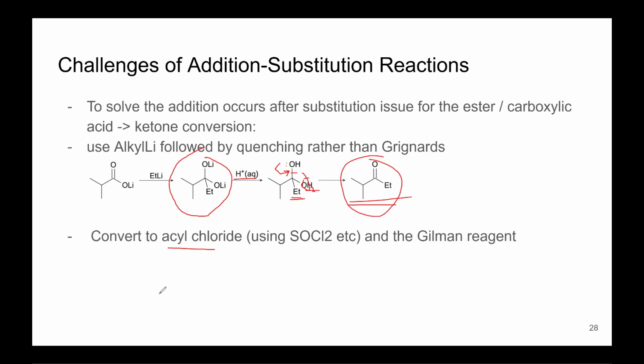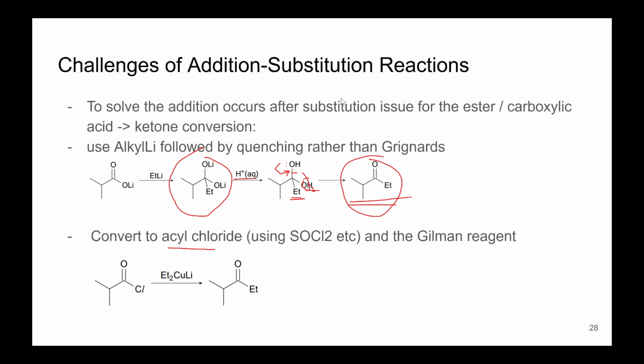So what is one nucleophile that will react with acyl chloride and not the ketone product? Well, the reagent is called Gilman's reagent. So that's basically a weaker nucleophile that reacts at a high rate with your acyl chloride, but isn't really reactive with your ketone product. So that's your Et2CuLi.